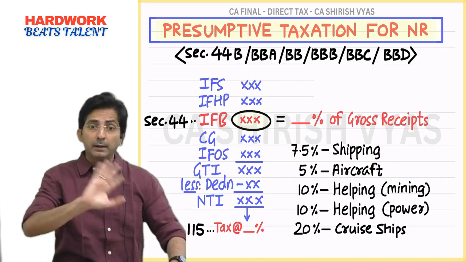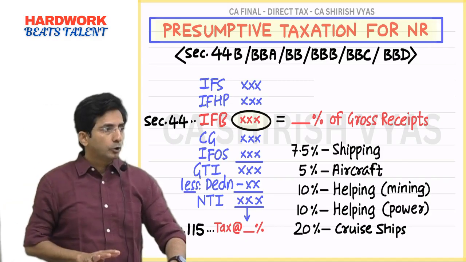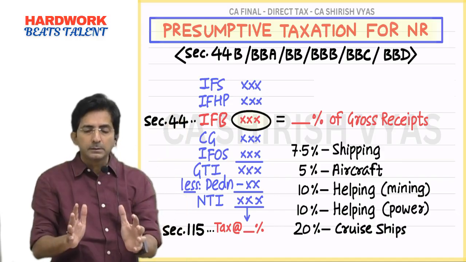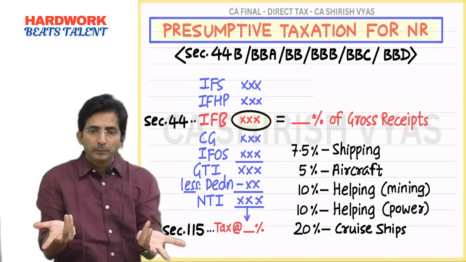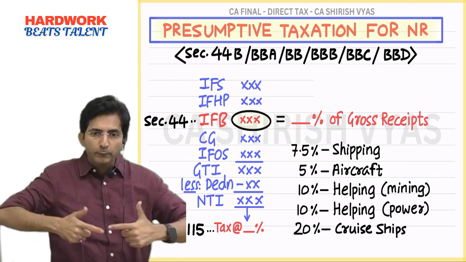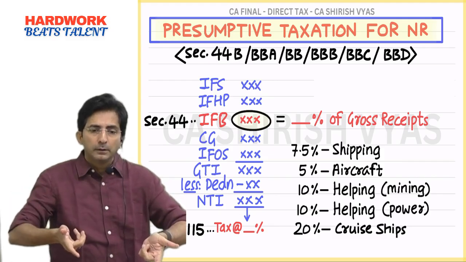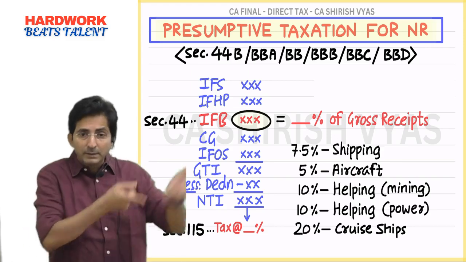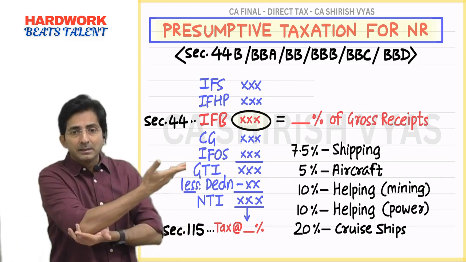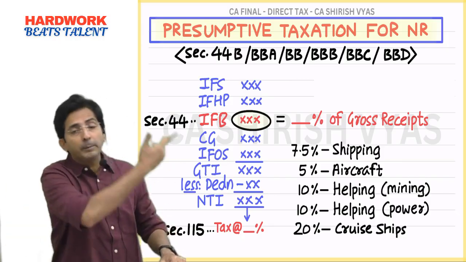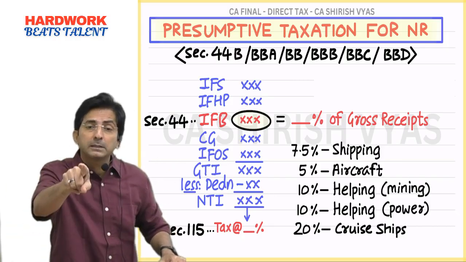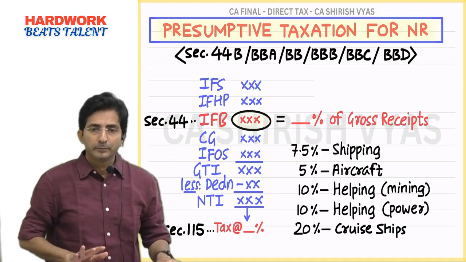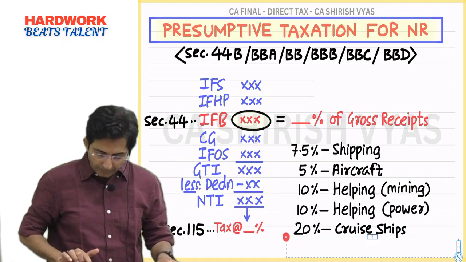NRs are expert in electronic business. So imagine some NR is helping Indians to set up a facility for manufacturing electronic goods. So if they provide services, we have to pay charges. So whatever revenue they get from India, 25% they have to report in PGBP. Here it is 25%.